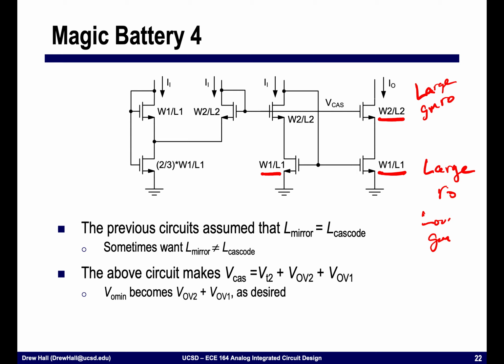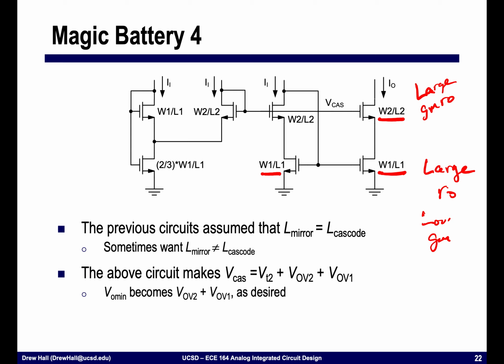And so typically what that means is that we will make L2 much smaller than L1. L2 can be minimum length, whereas L1 will typically be much larger, 10 L min. So 1 micron or even 2 micron length in order to get good output impedance. The problem is that previously we couldn't handle this because we assumed that W over L was the same for all of the transistors.